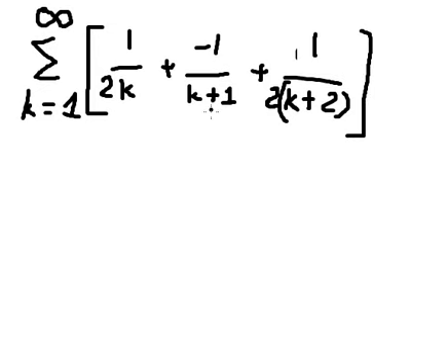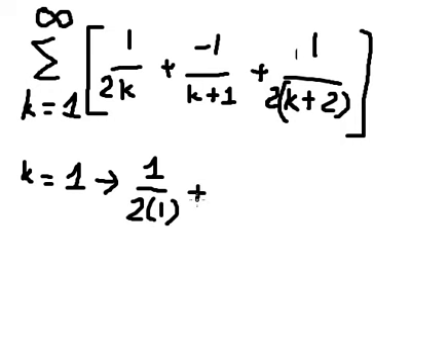So, for this one, when k equals 1, I will put 1 in here, 1 here, and 1 here. So we have the first term that is 1 over 2, and we have 1 in here. This one is 2. This one is 2 multiplied by 3.